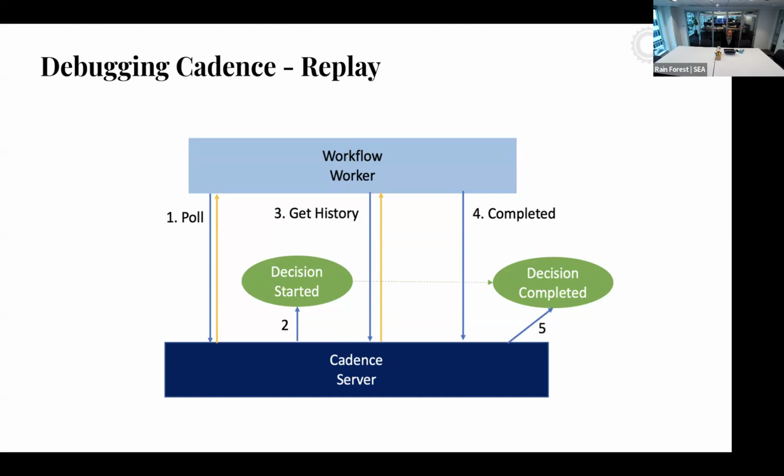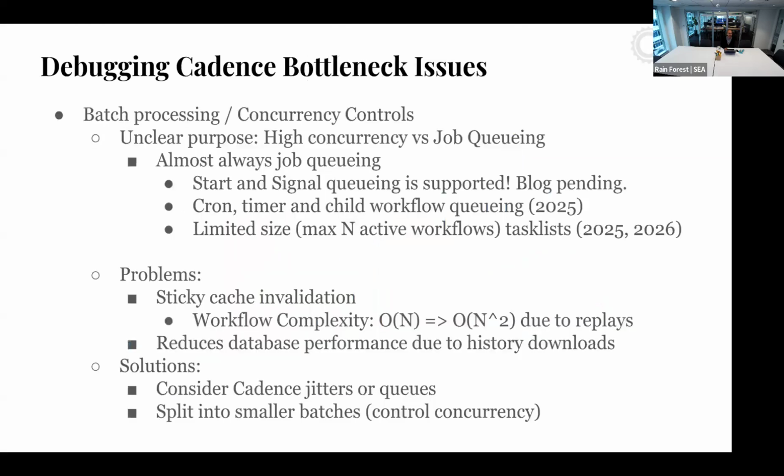So the bigger your history, the longer it is going to take. That's another reason you want to limit your workflow sizes. And also, the bigger the workflow size, the bigger the download is going to be from our history service.